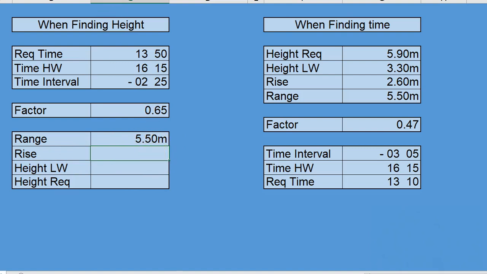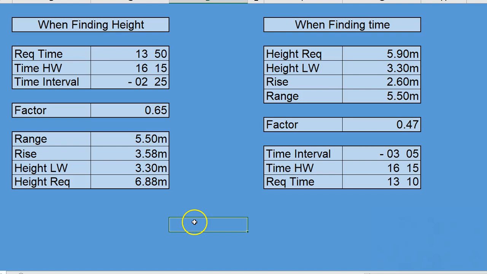So that means that the actual rise we need is 3.58. The height at low water was 3.3. So if you add these two together, from 3.3 we're going 3.5 meters up or more. So the actual height that we require is 6.88 by calculation if we take that factor into account.